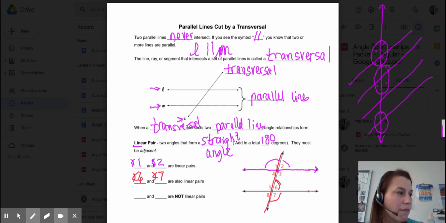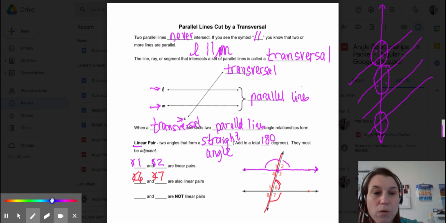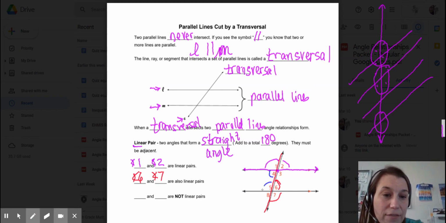So what are two that are not a linear pair? There's lots of non-examples too, but here's one for you. Angle 4 here and angle 5. Now, spoiler alert: angle 4 and angle 5 do add up to 180 degrees. You'll see that later as we do problems, but they're not a linear pair. So I'm going to write that down.